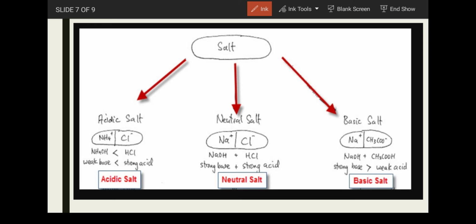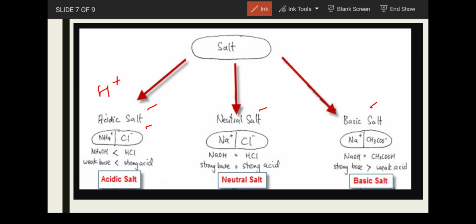As I told you, there are three types of salts: acidic salt, neutral salt and basic salt. Acidic salts are formed when the solution has more H ions, and H ions will be more when the acid is stronger.